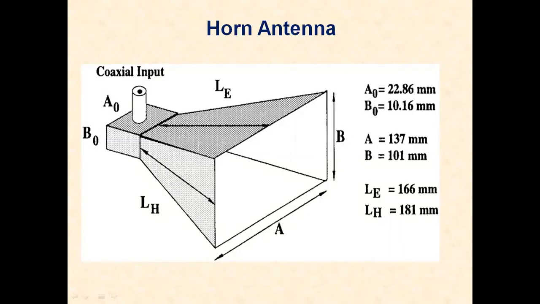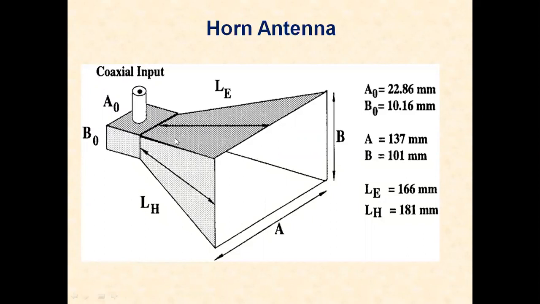And this is the design of a horn antenna. We have this waveguide. On the broad wall of the waveguide, we are providing a coaxial input. Through the coaxial cable, we are applying the microwave signal. This signal goes into the waveguide and is then further radiated into the space.